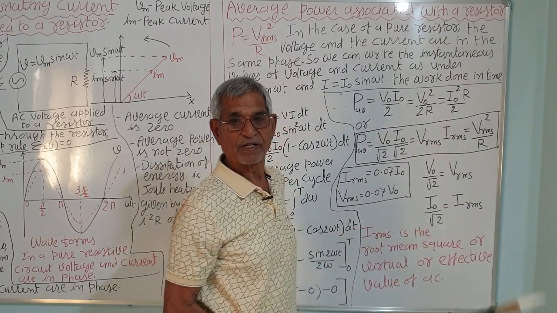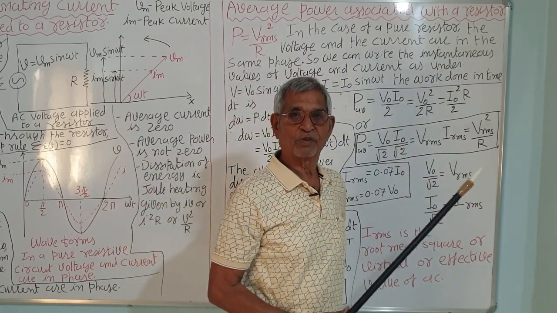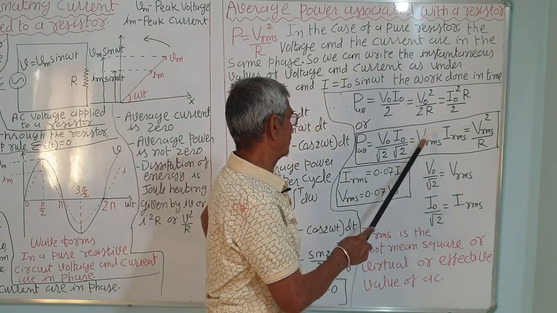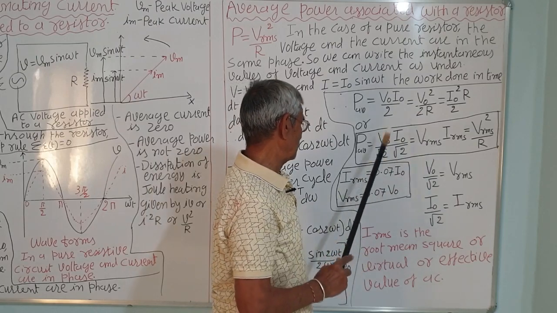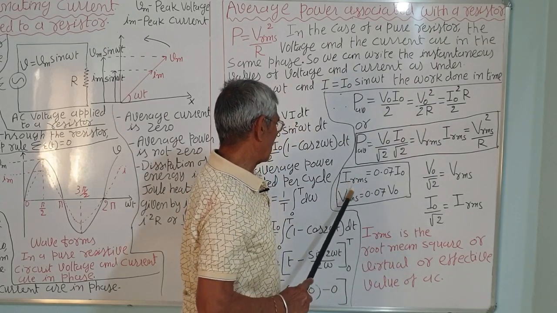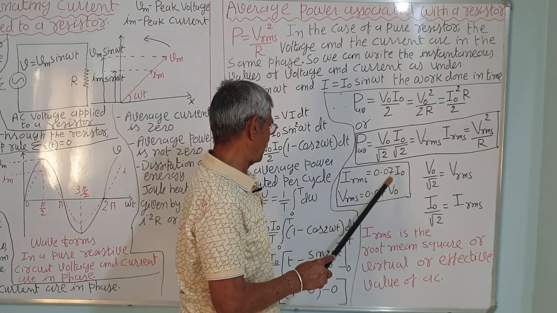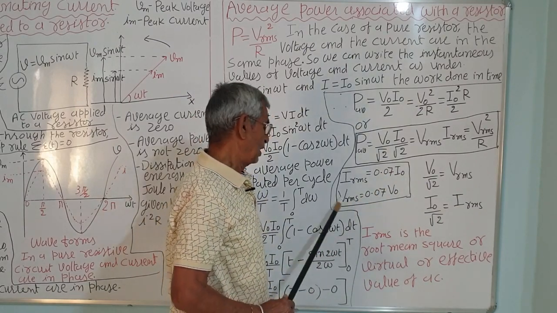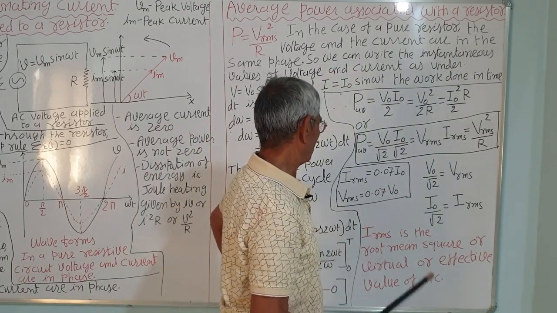For example, the voltage we get from our mains, say 220, is the RMS value, Vrms. So V0 will be multiplied by root 2, that is 311. So Irms is somewhat less than I0, it is 0.707, also approximately can be written 0.7 I0, and Vrms is equal to 0.7 V0.